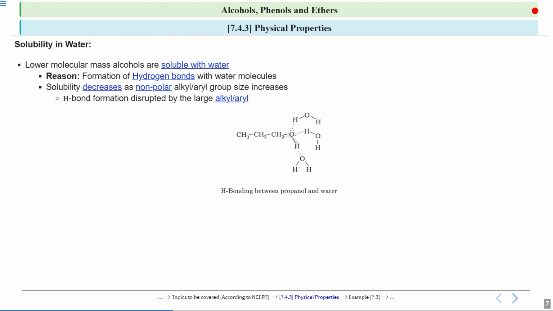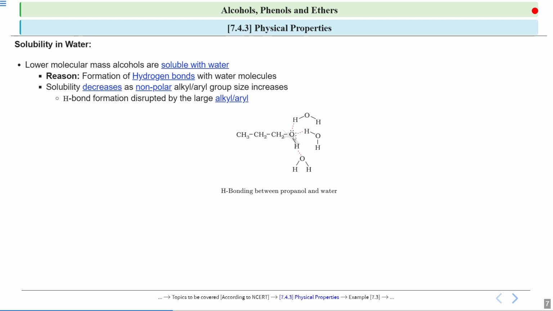So this is a propanol molecule, and it shows hydrogen bonding between propanol and water molecules. The red dots which you can see show the hydrogen bonding. You all know that the oxygen-hydrogen bond is a polar bond, because oxygen is more electronegative, so it withdraws electron density from the hydrogen. It acquires a partial negative charge, and hydrogen acquires a partial positive charge.